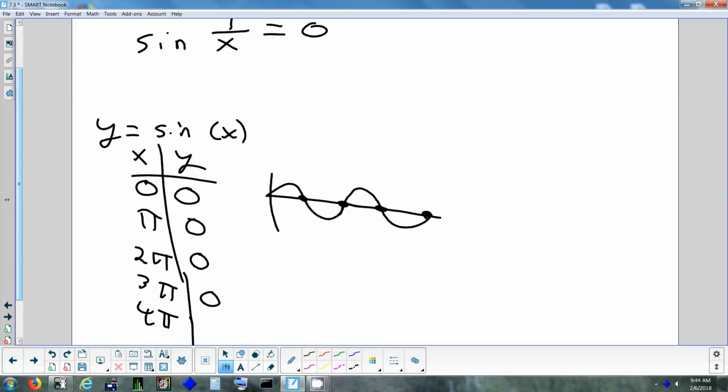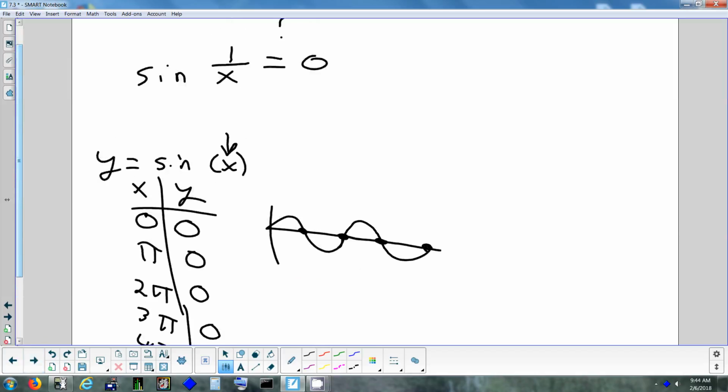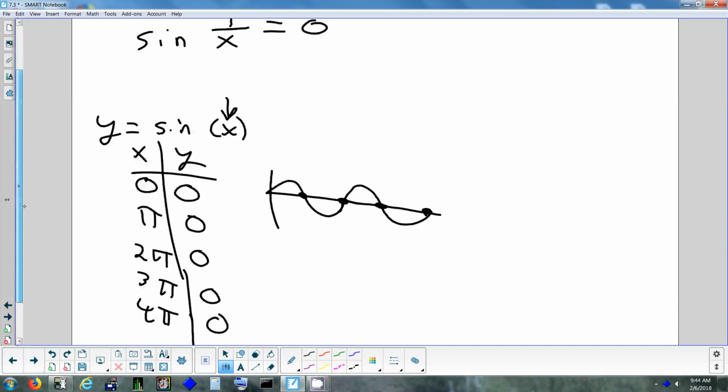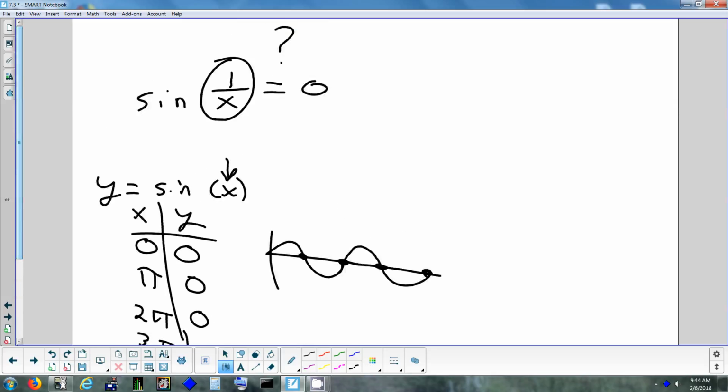4 pi. So basically, how would you describe these numbers? 0, pi, 2 pi, 3 pi, 4 pi. Yeah? Multiples of pi. So anytime 1 over x is equal to a multiple of pi, that's when you get a solution.